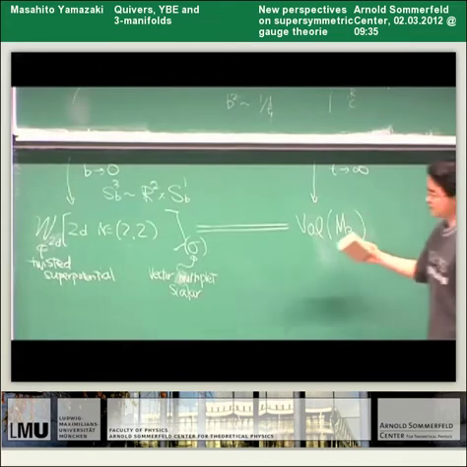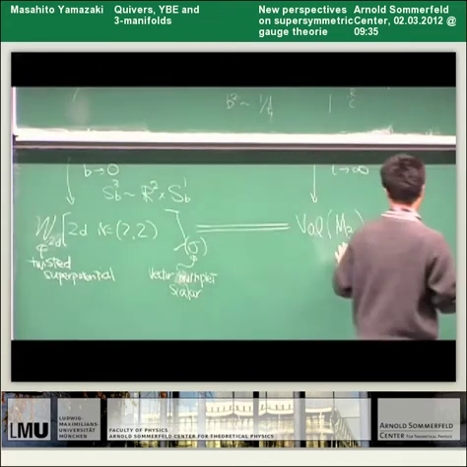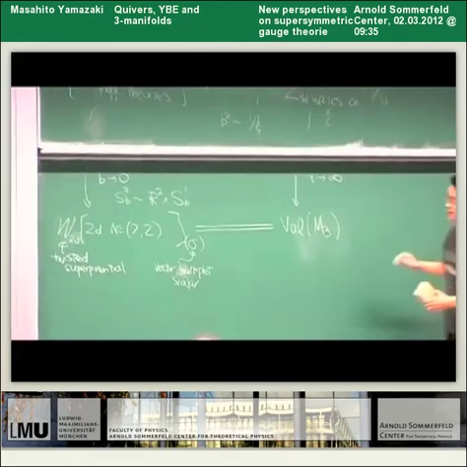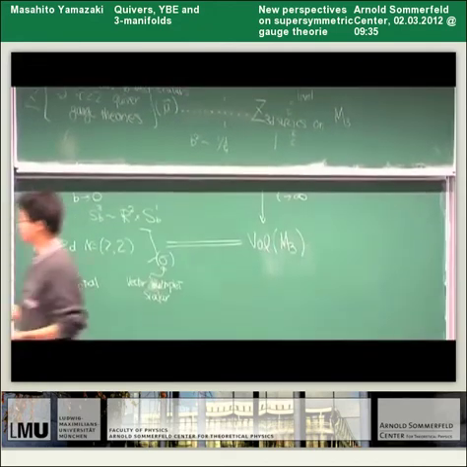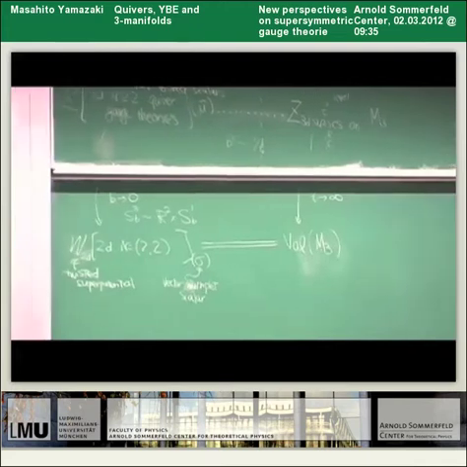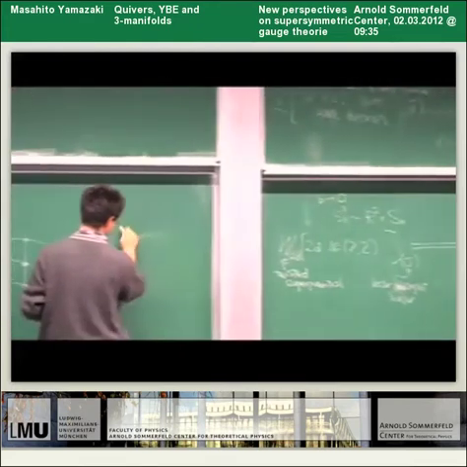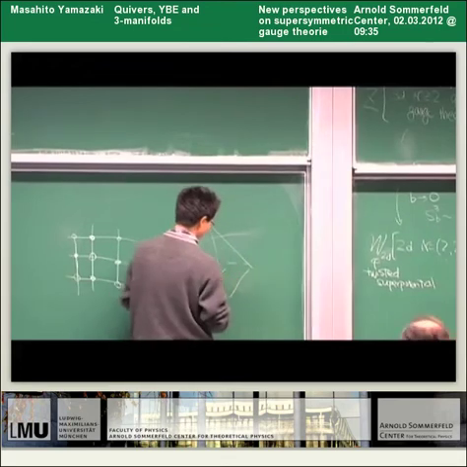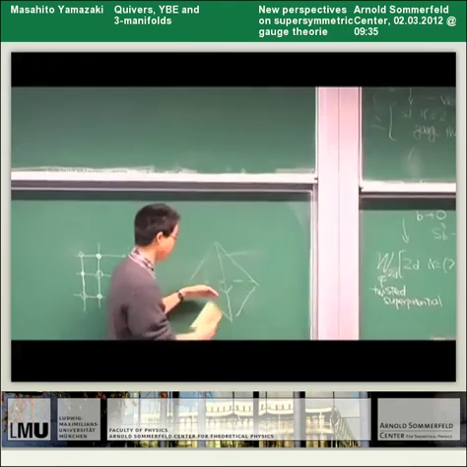And then there are corresponding parameters. This is a 3 manifold, and we heard about 3 manifolds yesterday as well. If you have a 3 manifold, say for example, let's write a tetrahedron, then there are moduli of this tetrahedron, like dihedral angles.